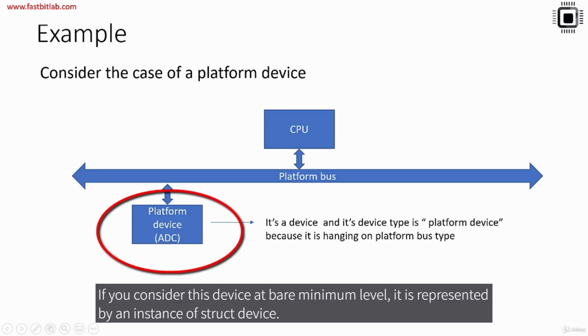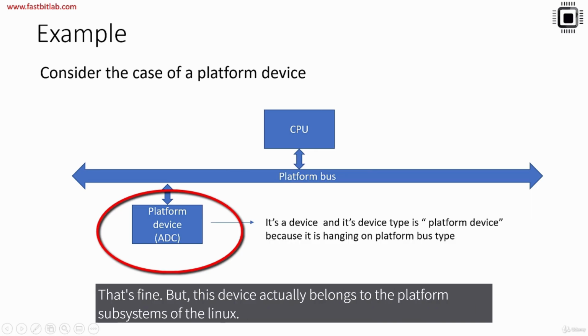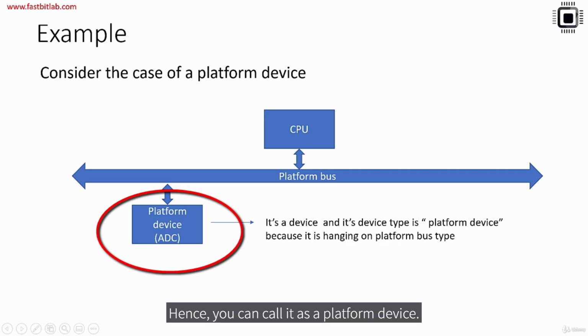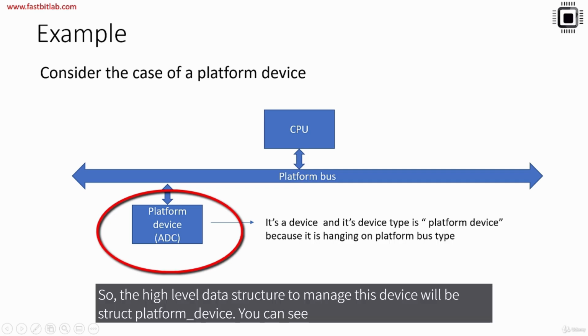If you consider this device at a bare minimal level, it is represented by an instance of struct device. That's fine. But this device actually belongs to the platform subsystem of Linux. According to Linux, this device is connected to the platform bus, hence you can call it a platform device. So the high-level data structure to manage this device will be struct platform_device.